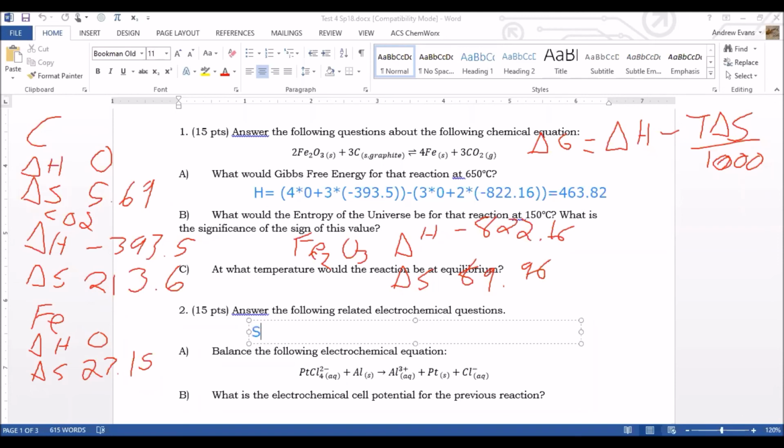Now look, S. Do it again for S. There's no zeros for S, so we have to do this right.